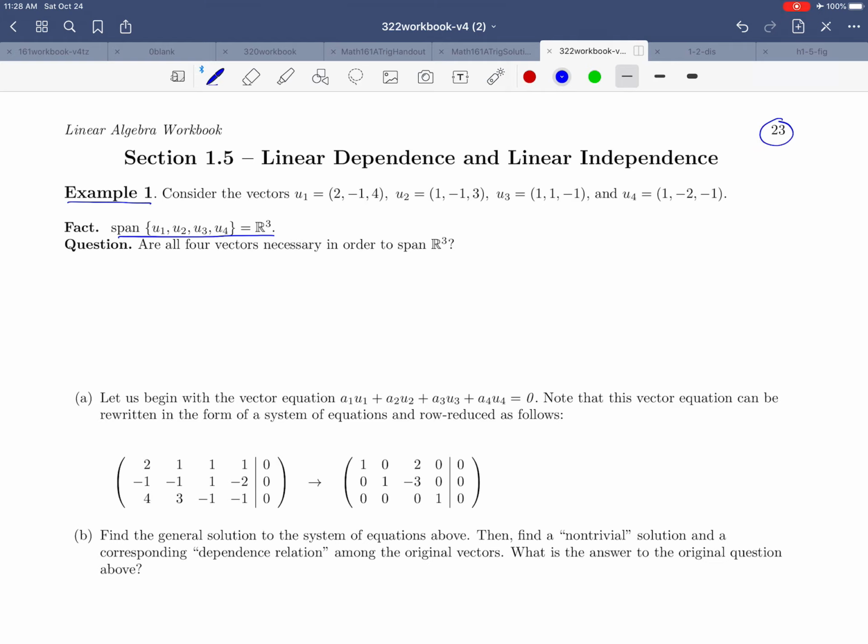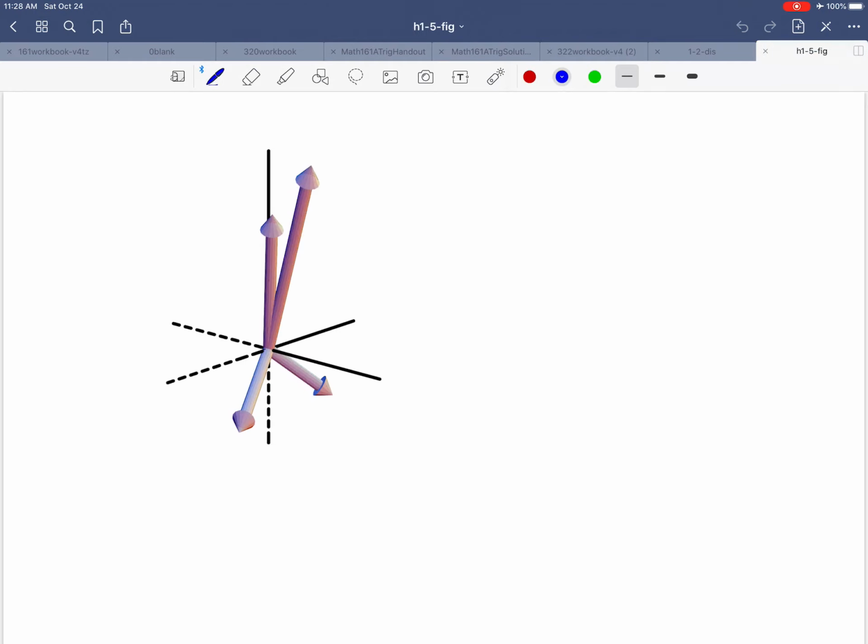Maybe just to give you a little graphical insight into this, I'm going to flip the pages here on you. Here's a picture of the four vectors u1, u2, u3, and u4. You can imagine that you take an arbitrary vector in R3. If we combine these four vectors together, we can build that vector.